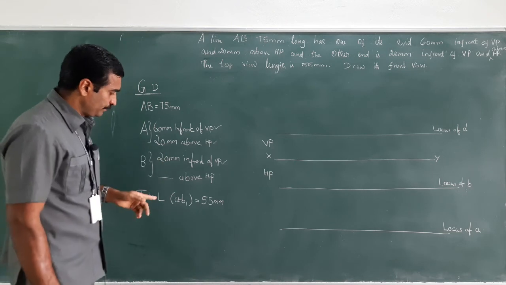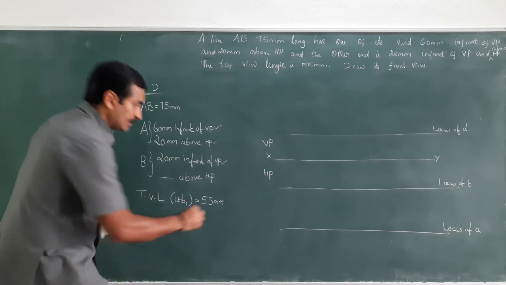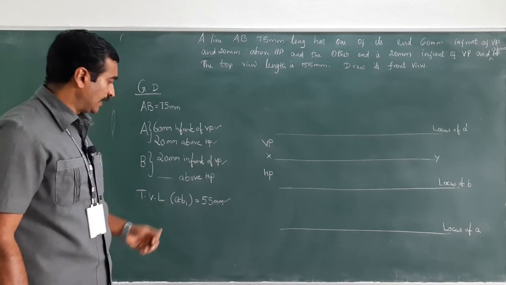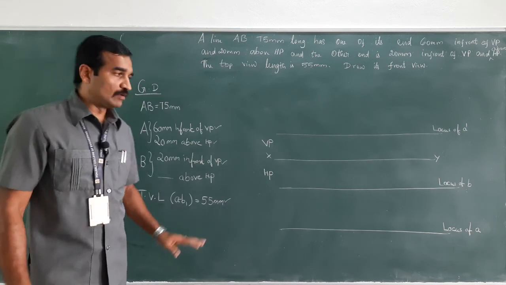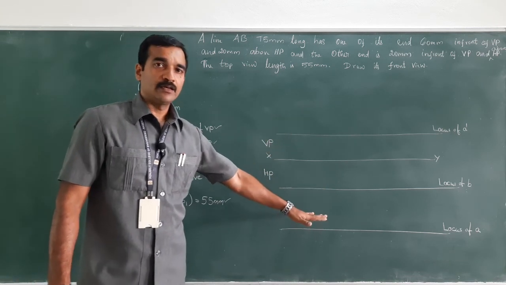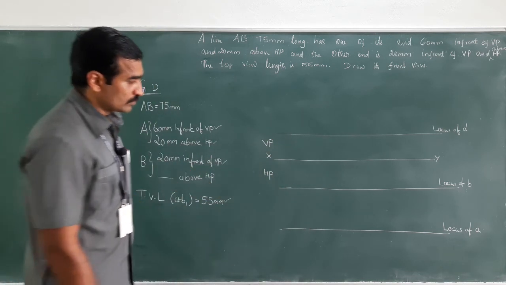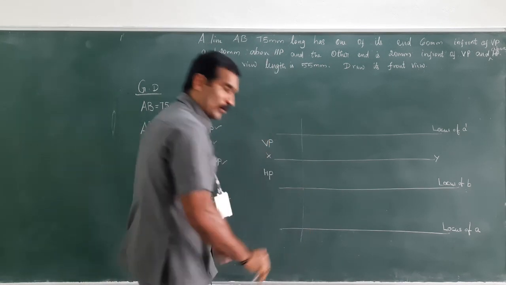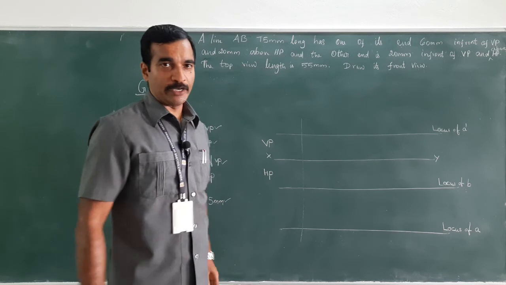For which I am going to take the top view length. Top view length will be captured on the locus of A in the top view. So choose a point, just draw a line, any point, perpendicular to the XY.